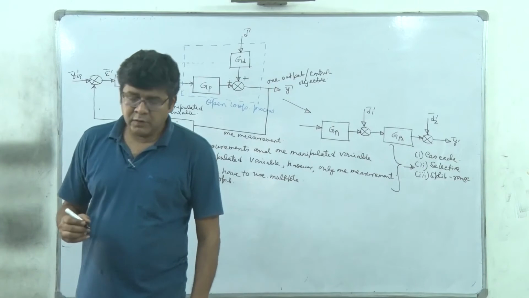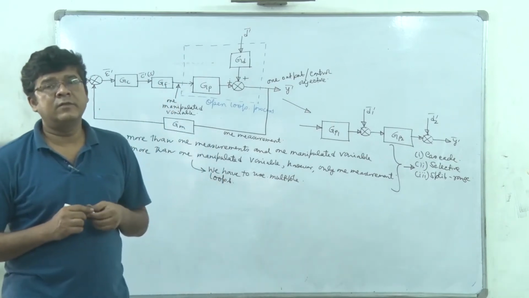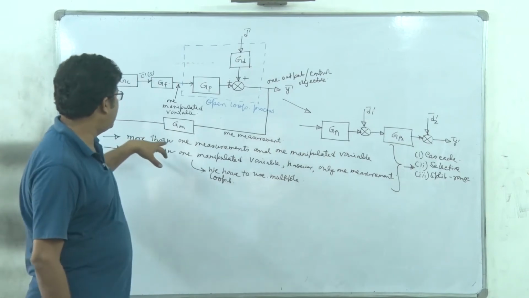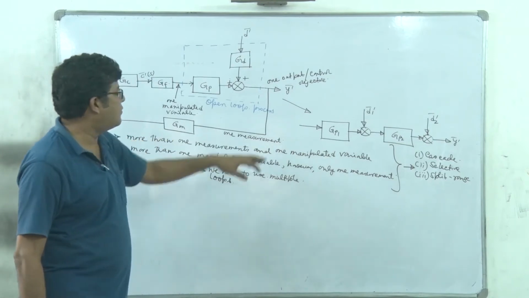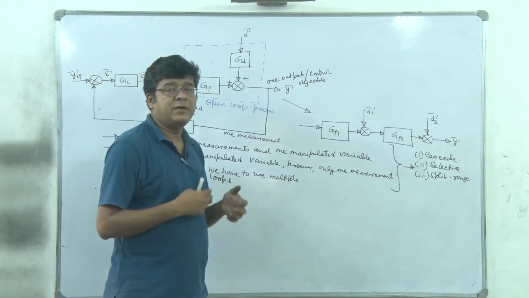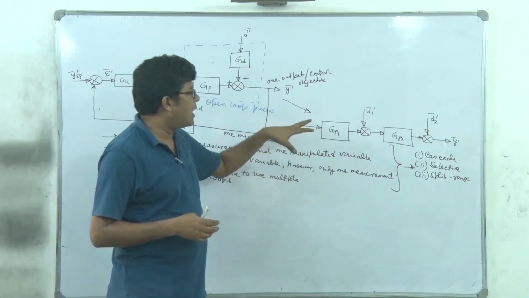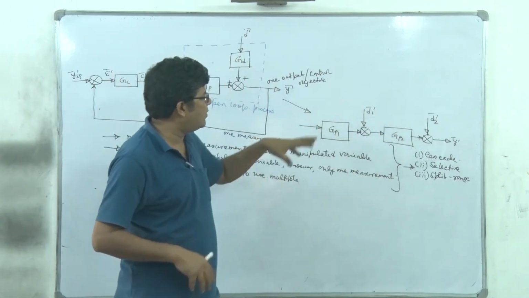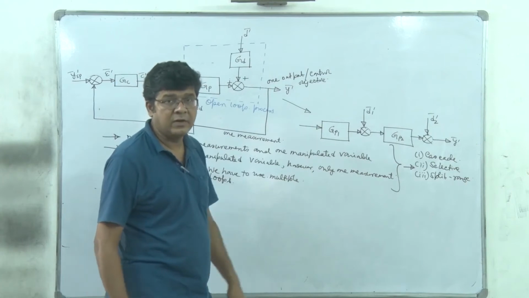The point is, here we are going to discuss first the cascade control strategy, where we are using more than 1 measurement and 1 manipulated variable. First we will try to understand the concept of 2 processes being linked together. One may be the primary process, another may be the secondary process.